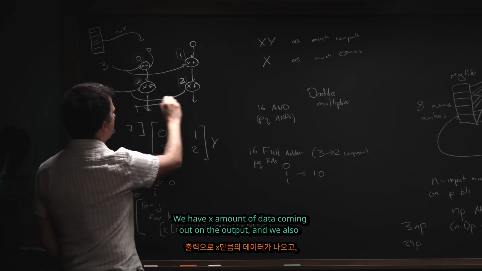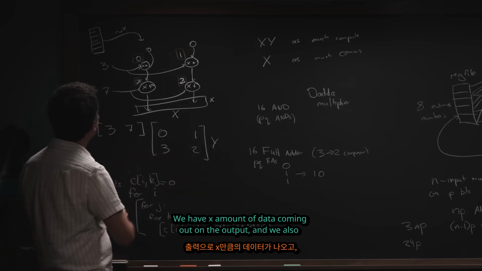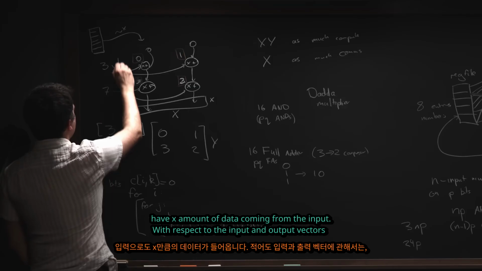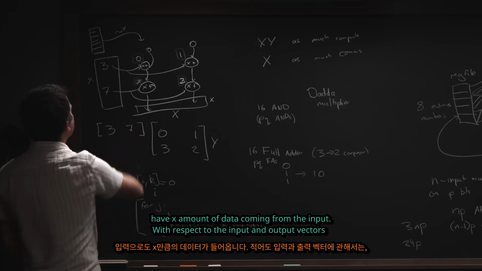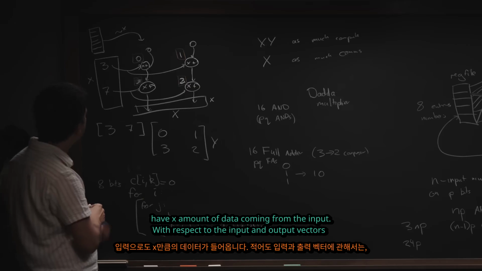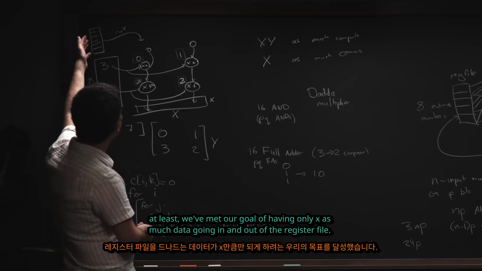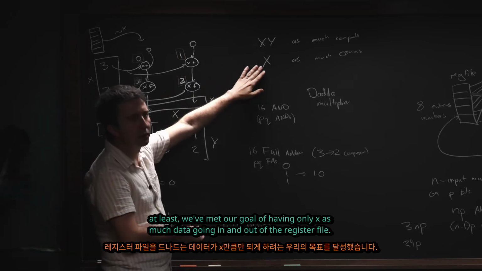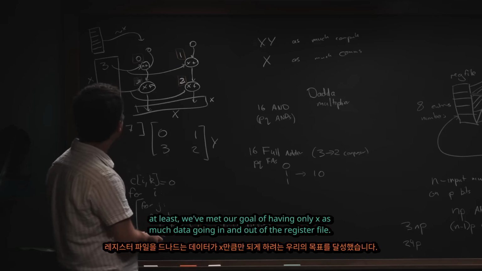We have X amount of data coming out here on the output, and we also have X amount of data from the input. And so with respect to the input and output vectors, at least, we've met our goal of having only X as much data going in and out of the register file.